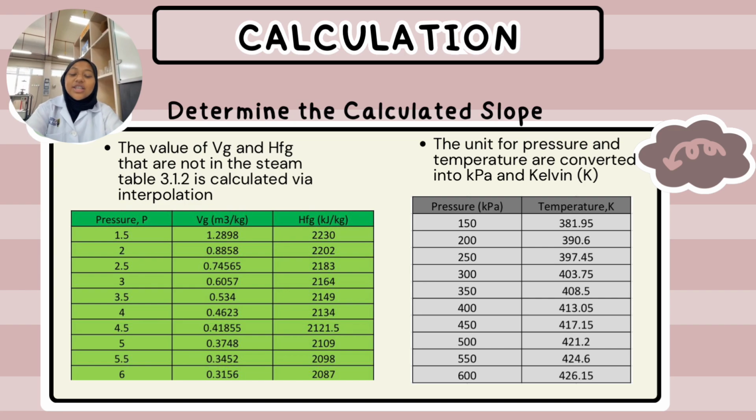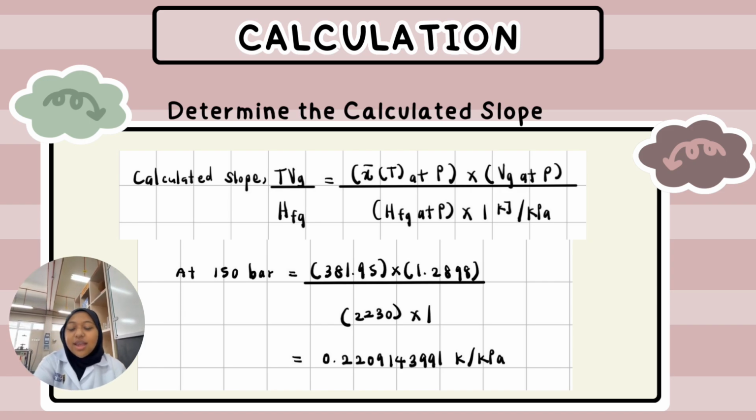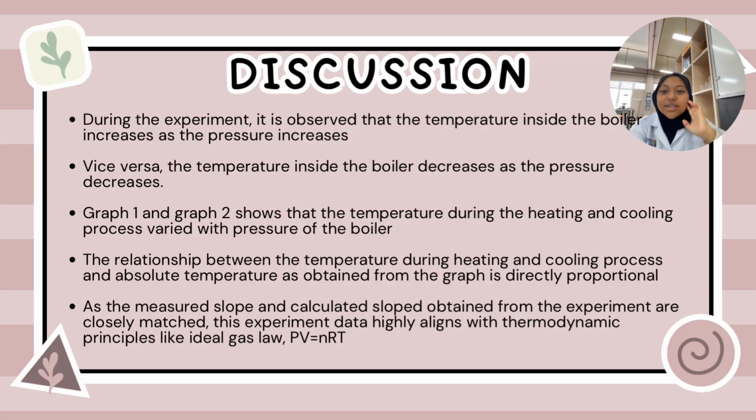In order to calculate the calculated slope, first we need to find the values of Vg and Hfg that are not in the steam table via interpolation. Secondly, the units for pressure and temperature are converted to kPa and Kelvin. When we insert them into the formula, at 2 bar the calculated slope is 0.220914391 Kelvin per kPa.